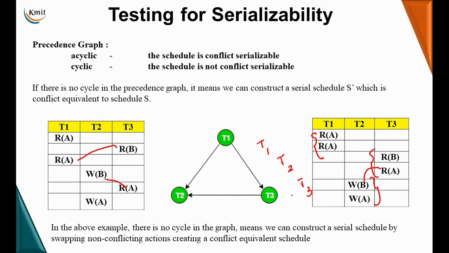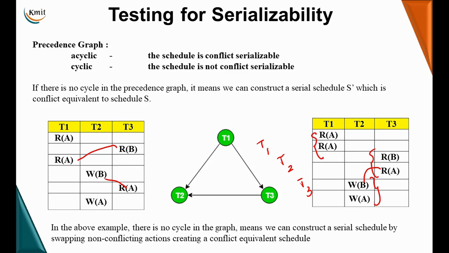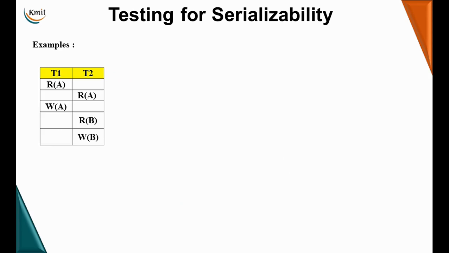Because there is no cycle, we can construct a serial schedule by swapping non-conflicting actions, creating a conflict equivalent schedule. So the precedence graph can tell you whether a given schedule is conflict serializable or not. We'll try to see this on two examples. Let me just take up the pen again.